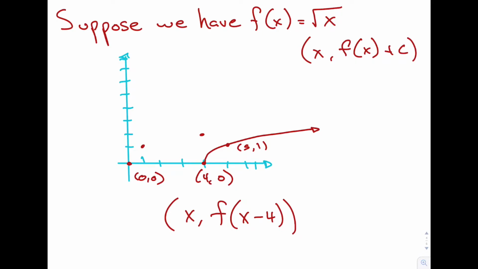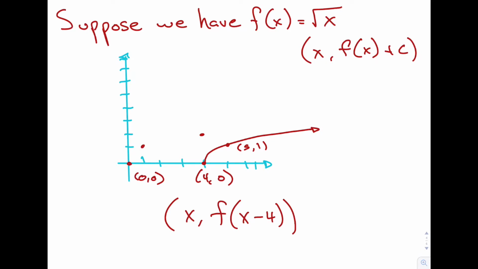If we are 4 units along the x-axis, but we still need to have 0 as our output, we need to take 4 away from 4, so we get the square root of 0. And similarly, if we're 5 units along the x-axis, we need to take 4 away from 5, so we can get back to 1.